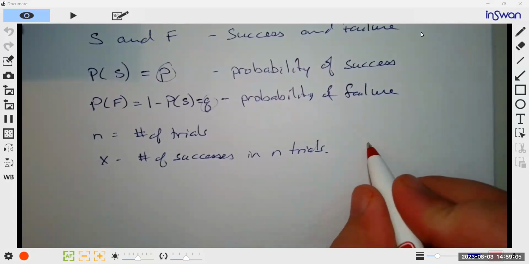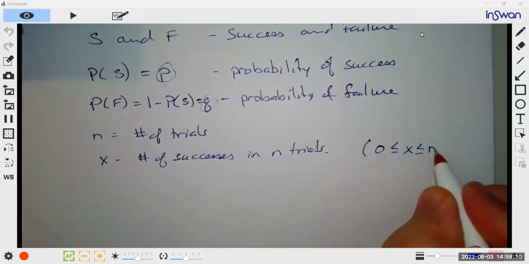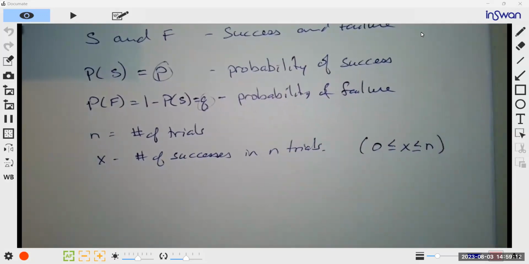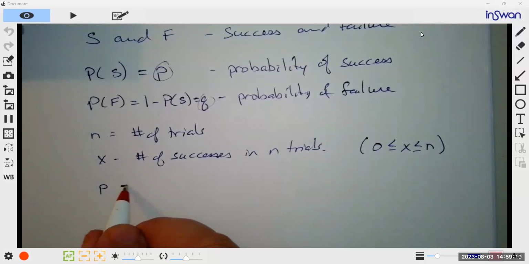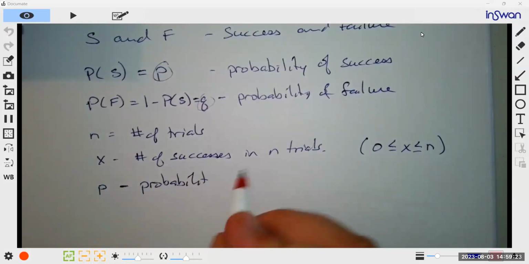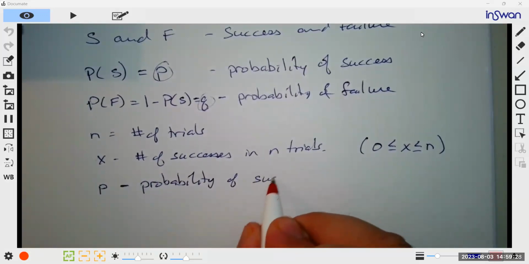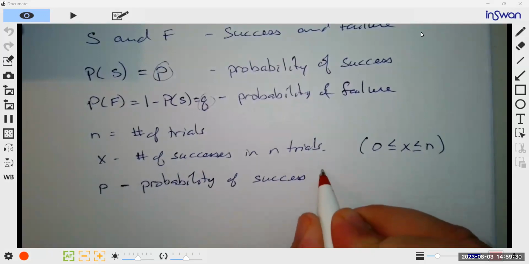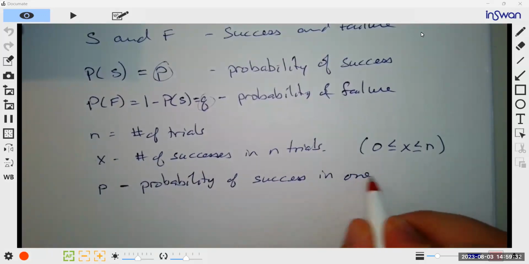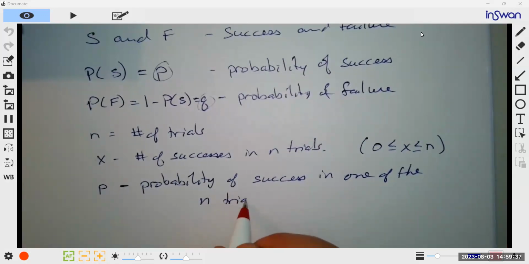So it has to be between 0 and N. P is the probability of success in one of the N trials.